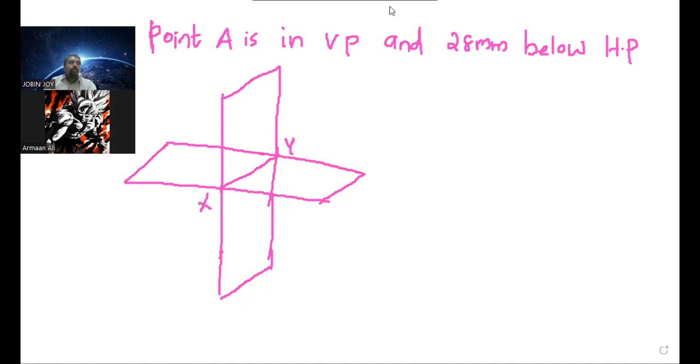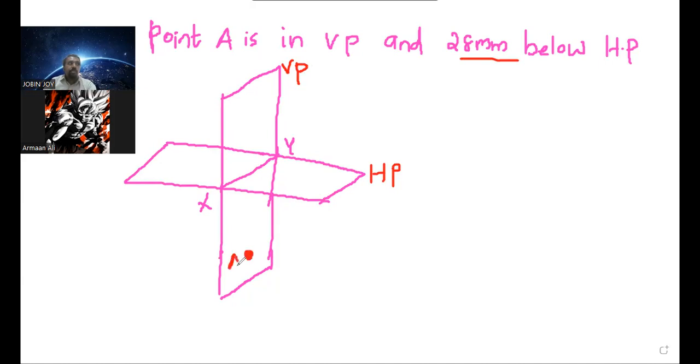This is the horizontal plane, and this one is the vertical plane. Here the point A is in VP and 28 millimeter below HP. That means the point A is here.